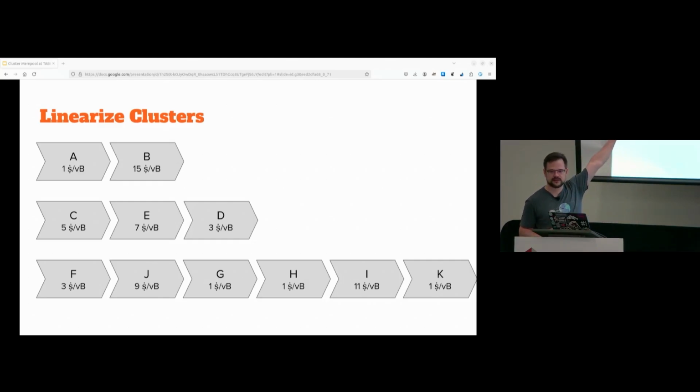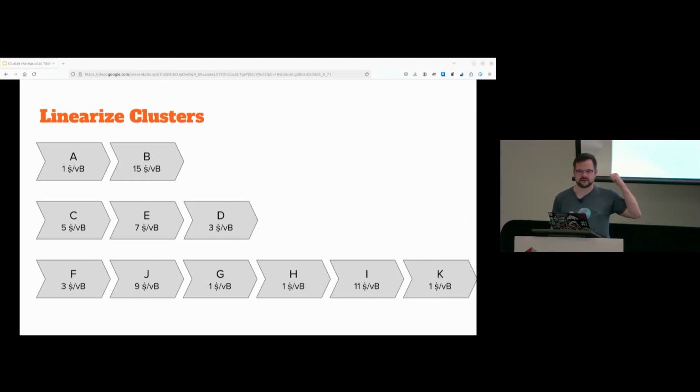The first cluster is going to be mined in the order A and B. B has a much higher fee rate, but it depends on A, so A has to stand in front of B in the block. For CDE, E has the higher fee rate, and it bumps C, so it'll be C before E because C has to come first. But D will go last because it has the lowest fee rate.